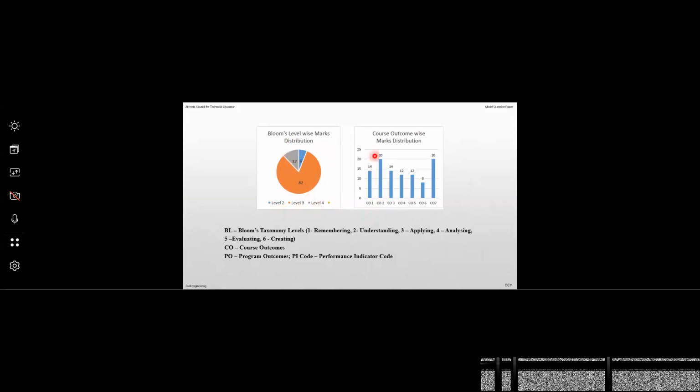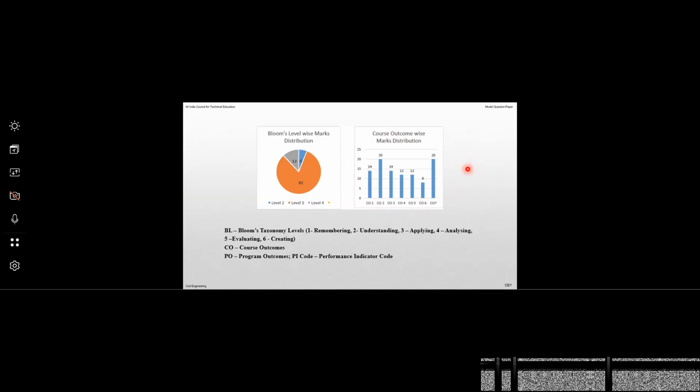That means you can understand what level of Bloom's taxonomy the students are achieving, okay, are able to answer, right? I will show you one case study, okay, so that you can understand better.